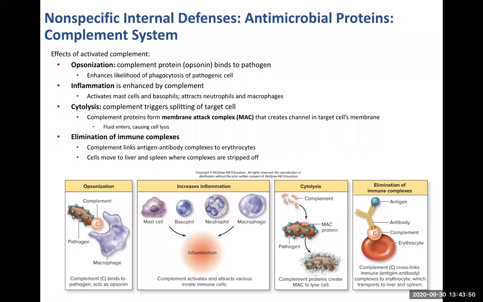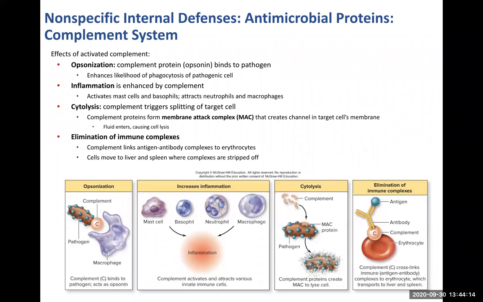A third way in which complement protects you is by causing cytolysis. The word cyto means cell, and lysis means to break apart. With cytolysis, these complement proteins come together to form what is called the membrane attack complex.